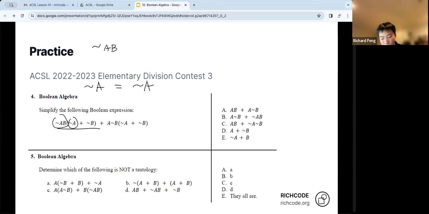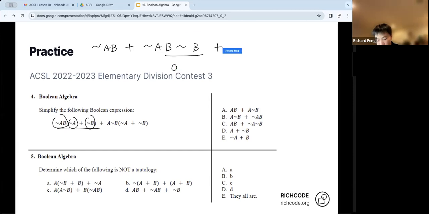So we can get rid of one copy of not A. And then let's distribute the not B over here. So it would be not A, B times not B. So B and not B is always going to be false. So this whole term here is 0, so we can basically get rid of it.